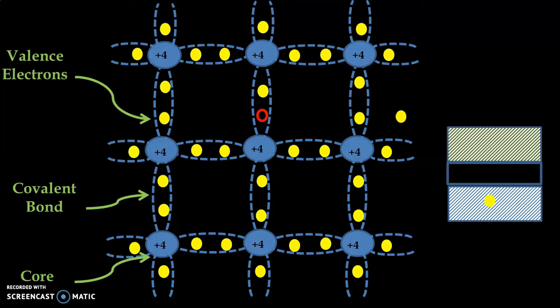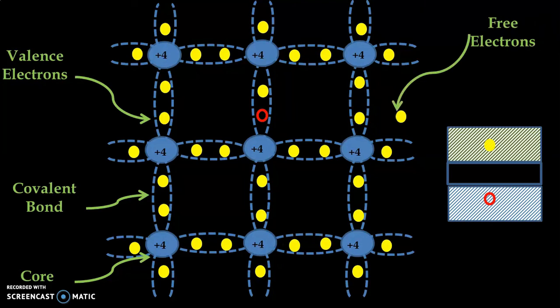When heat energy is applied, even at room temperature, the covalent bonds between valence electrons break and valence electrons travel to the conduction band and become free electrons, leaving behind a hole in the valence band. So this pair of free electron and hole is generated because of thermal energy applied to the valence electrons.